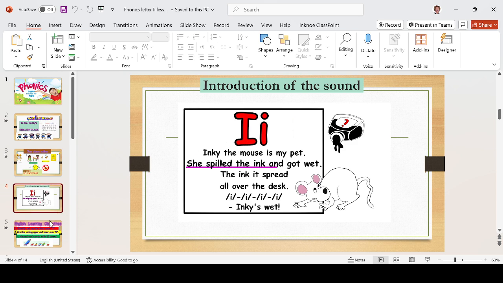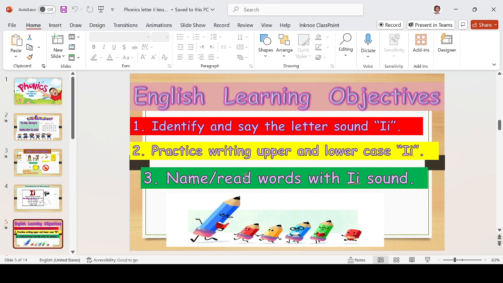Alright. Now let's see our objectives. I want you to be able to identify and say the letter sound E. Whenever you see this letter, I want you to say that's an E sound or this is an E sound. Okay. And I want you to practice writing upper and lower case E. And the last one, I want you to name or read words with the E sound.